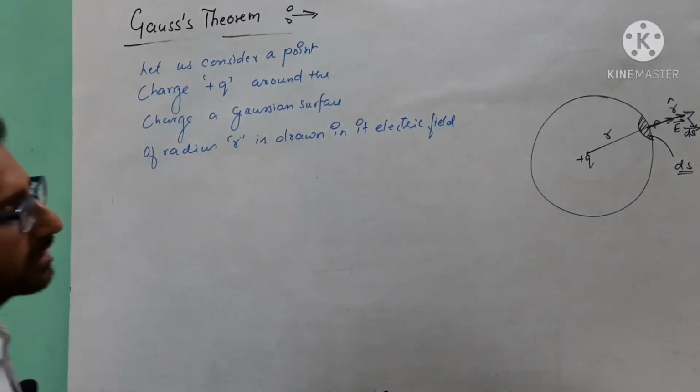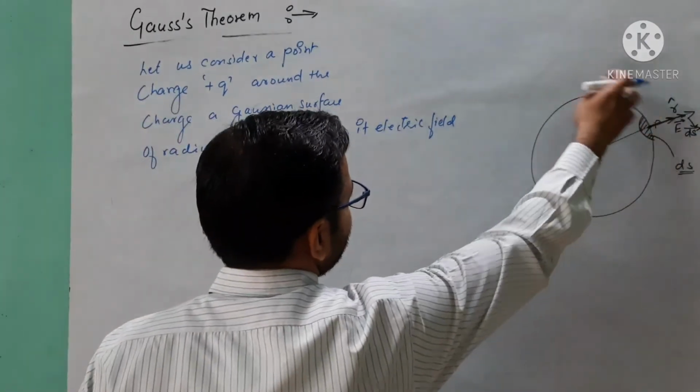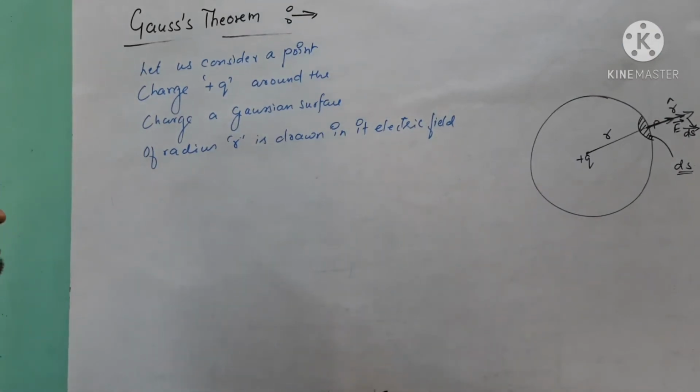Means in its electric field, at any distance r from it, we will consider a Gaussian surface.